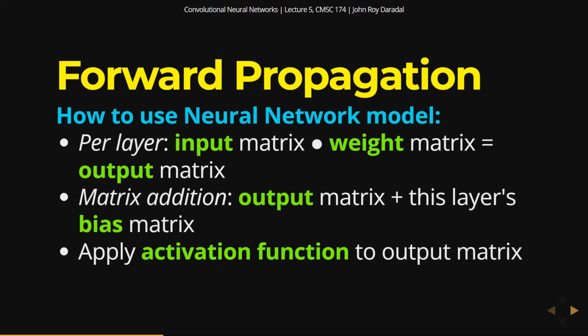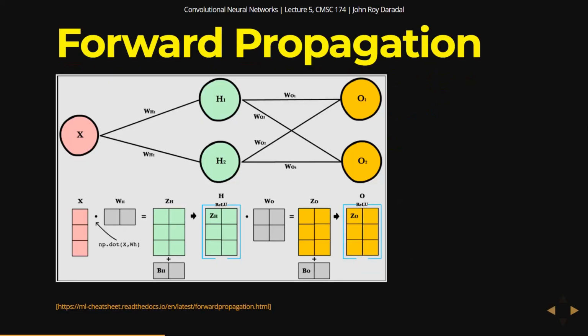That could be ReLU or hyperbolic tangent or step or sigmoid and so on. And then the output matrix here will be fed as the input matrix of the next layer. So the flow continues, or we keep feeding it forward until it reaches the output layer.